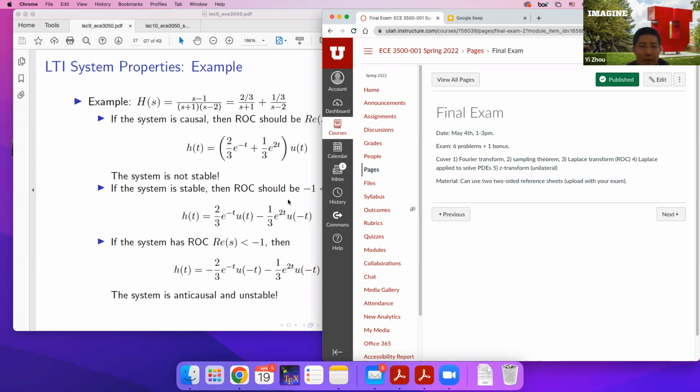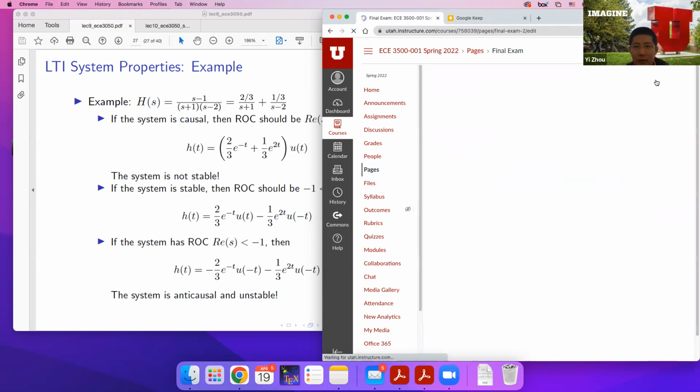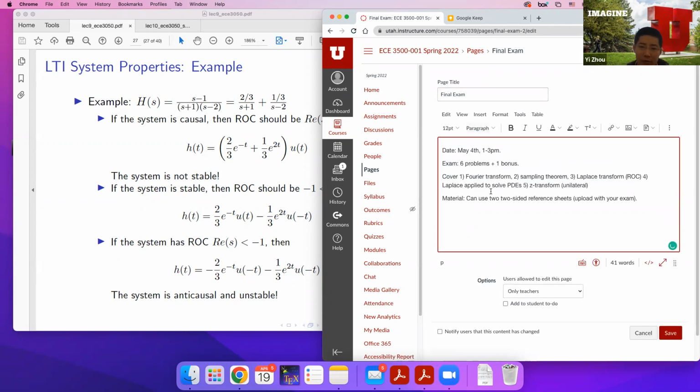Okay. Then I will resend another email. We will try 2 to 4 first. Let's make it 2 to 4. 3 to 5, okay.